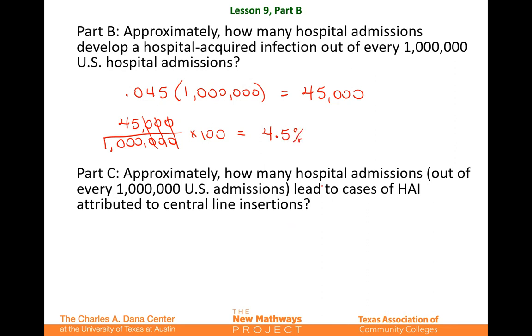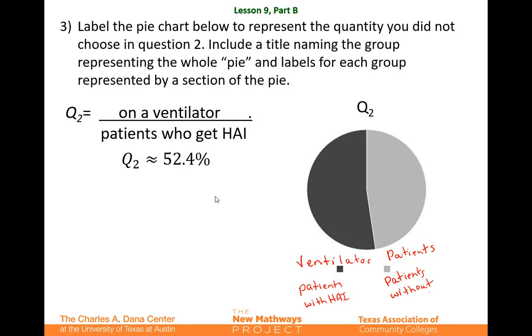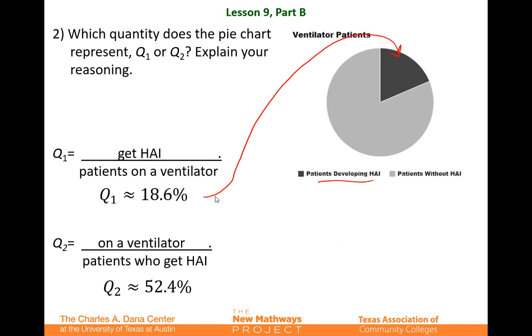It says approximately how many hospital admissions out of every 1,000 leads to cases of hospital-acquired infection attributed to central line insertions. Well, we may need to go back and read. Let's go back. It says, whoops.